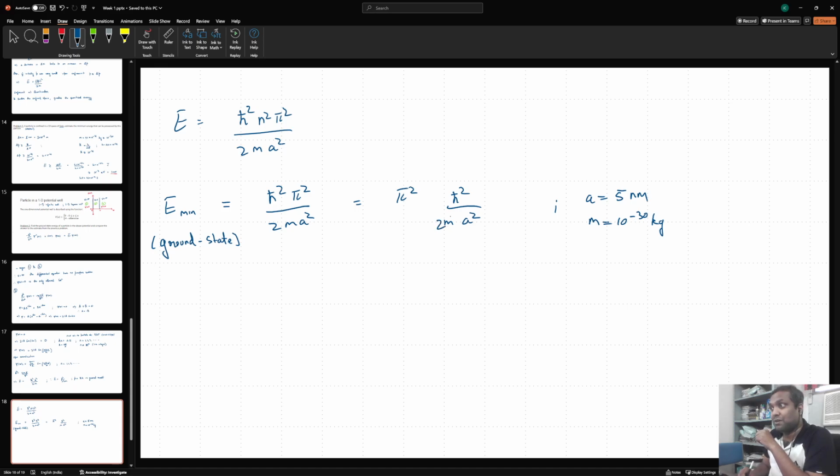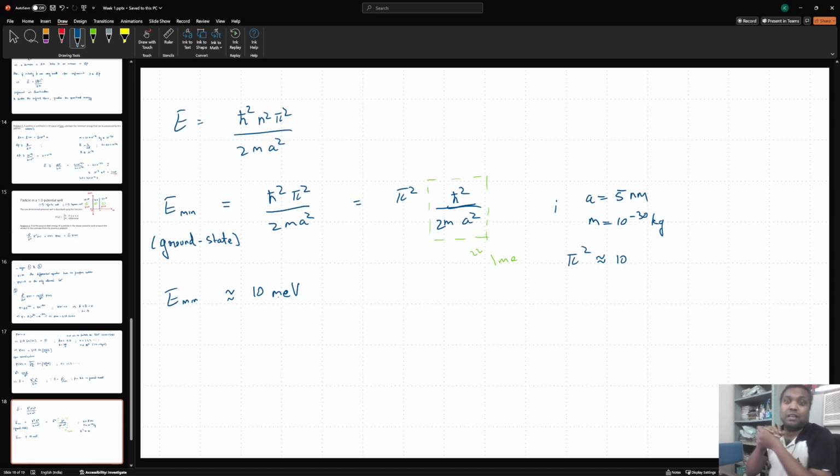And I know this quantity for these values is approximately 1 MeV. Pi squared is approximately 10, which implies E min, the ground state energy, is approximately 10 millielectron volts.